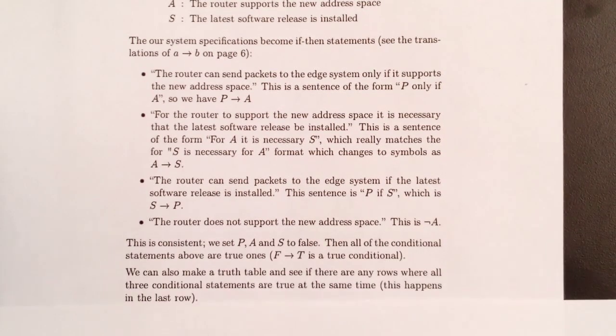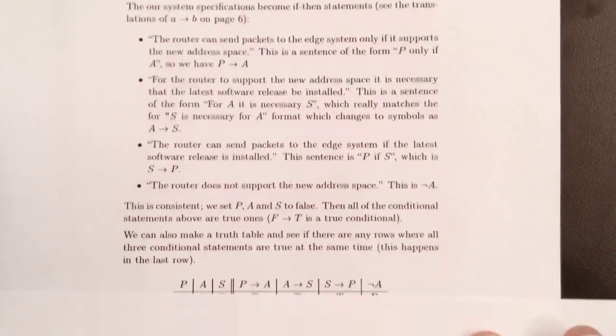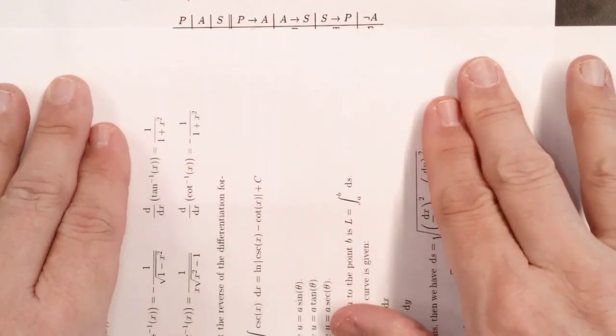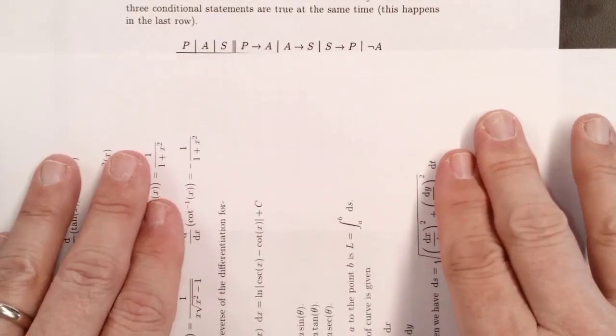So what I need to do at this point is build a truth table. There are all four of my sentences. 3 variables, how many rows am I going to have? 8, right? It's 2 times 2 and then 2 again. I doubled it each time. So I'm going to end up with 8 rows.